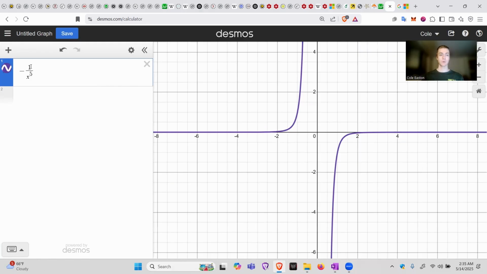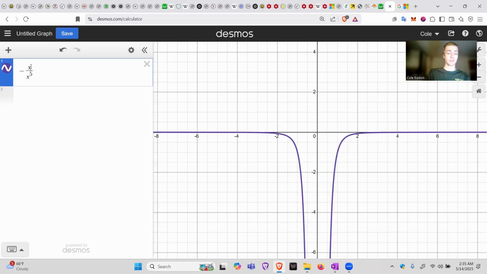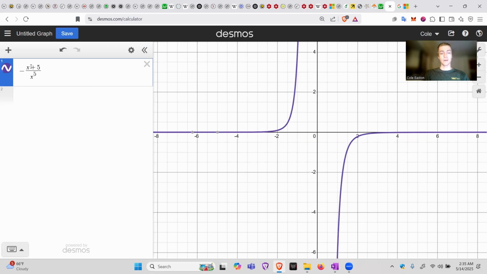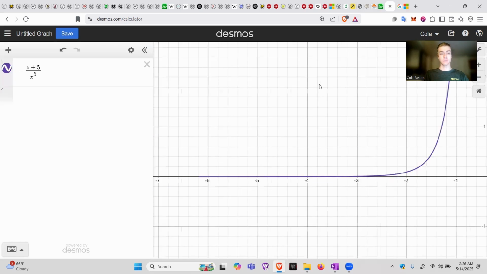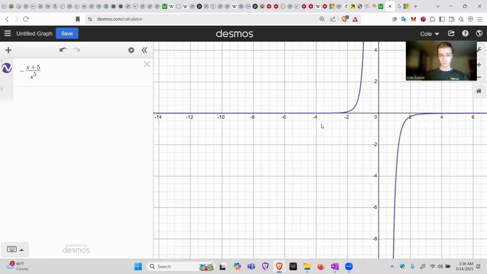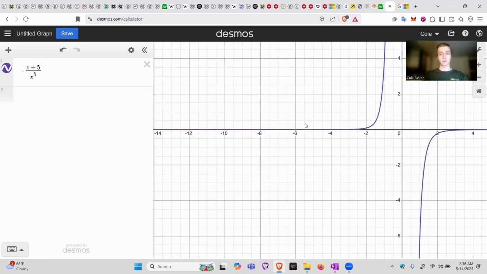And now what if I put an x up here? This is exactly the same as negative 1 over x to the 4, so it's going to have the same end behavior as negative 1 over x to the 4. What if I added something to this? So it's negative x plus 5 now over x to the 5th.